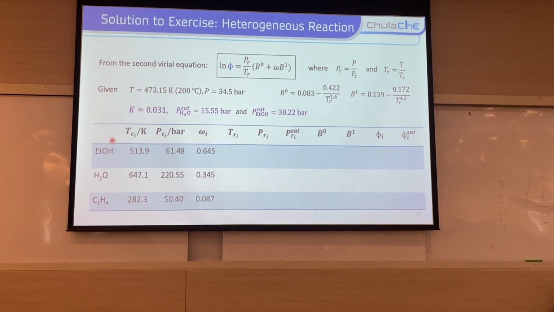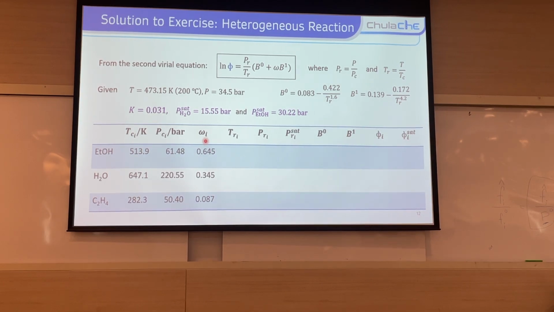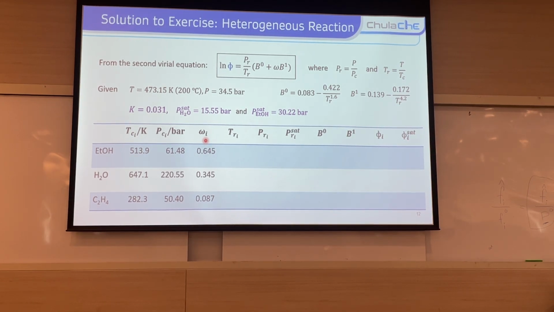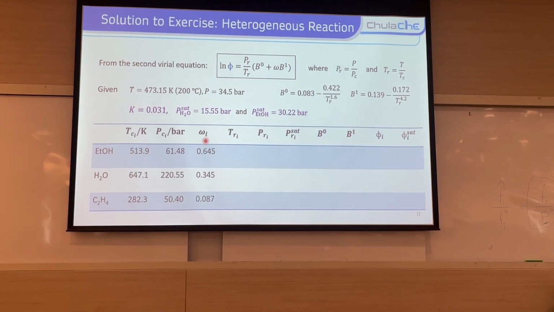And usually the critical temperature, critical pressure, and omega here is the eccentric factor, which is the parameter that shows how much the molecule is in a circular shape.